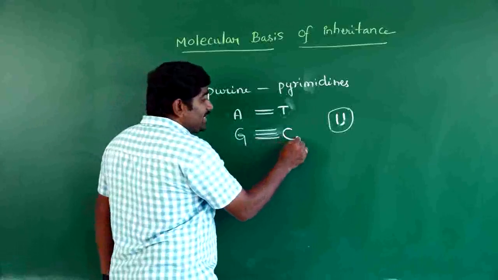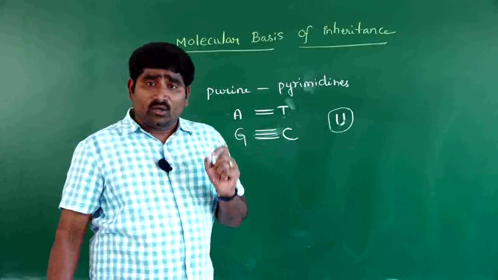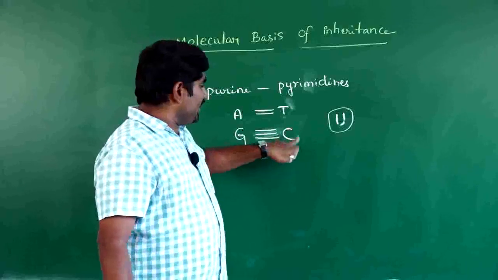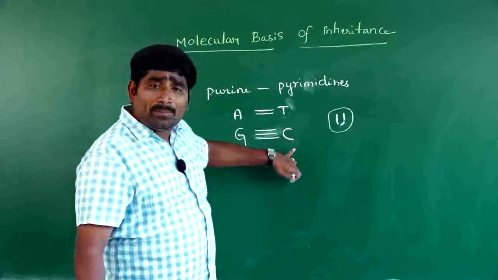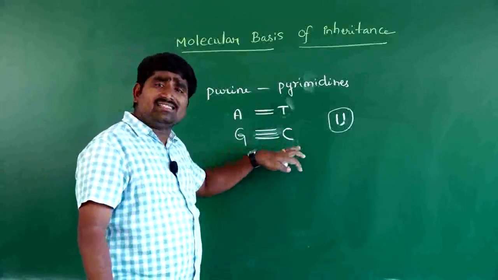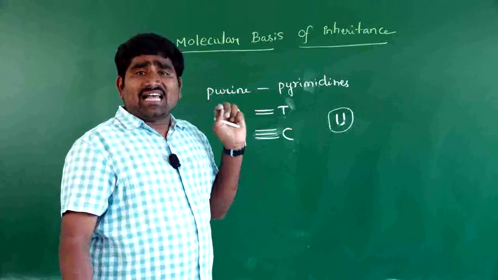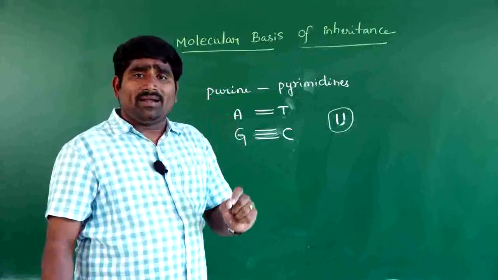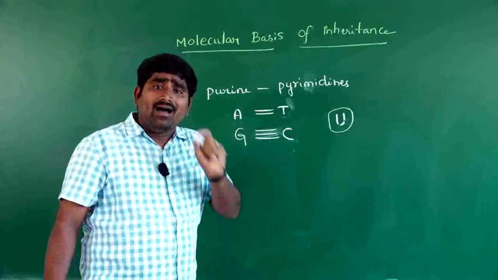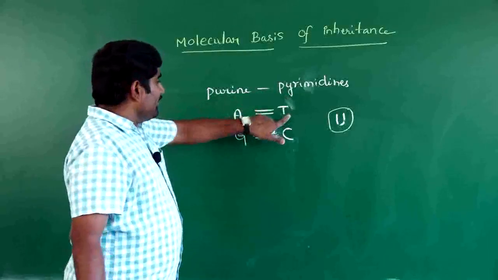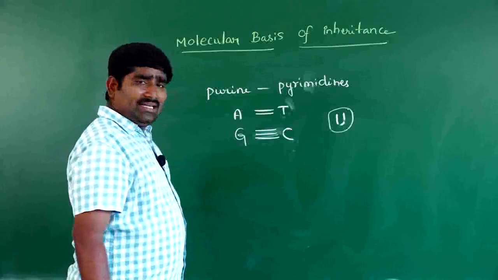So cytosine can be considered the common pyrimidine in both DNA and RNA. In this way, purines and pyrimidines always get paired with each other.